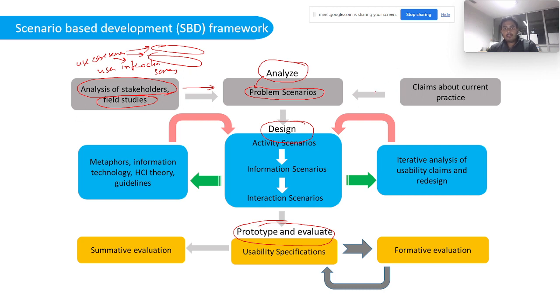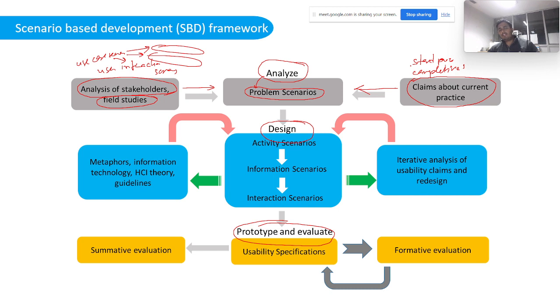Then we analyze the problem scenarios from current practices. For example, in this last clinical scenario, there is some standard practice, or some competitive products which are already available. So you try to understand what sort of issues the standard procedure or the competitive products have. This is the current standard process or competitive products.